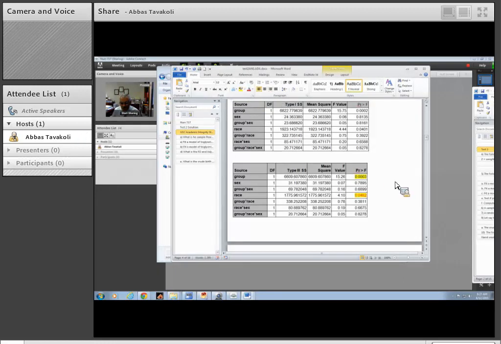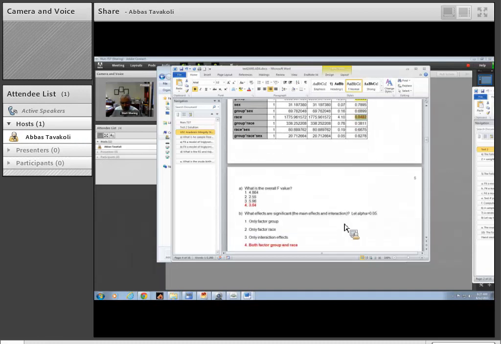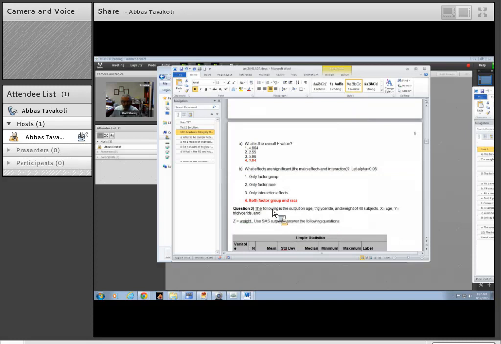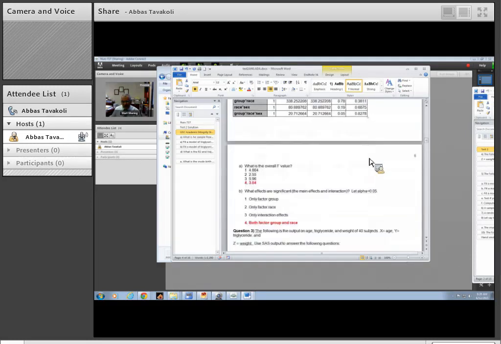If you look at these main effects and the interactions, you would see there is no three-way or two-way interaction significant. So if you look at both factors, group and race are the significant ones. So that's the correct answer.